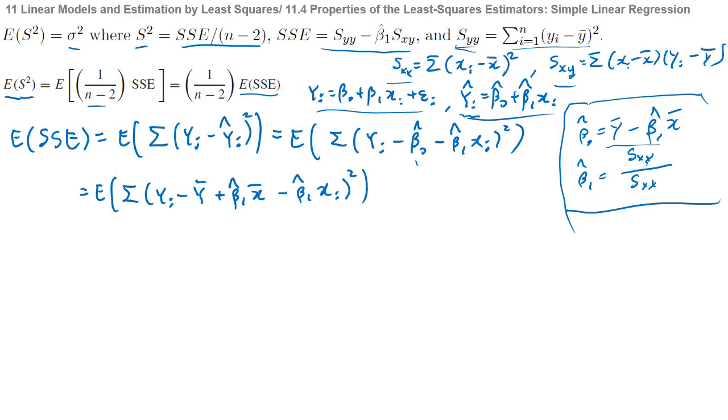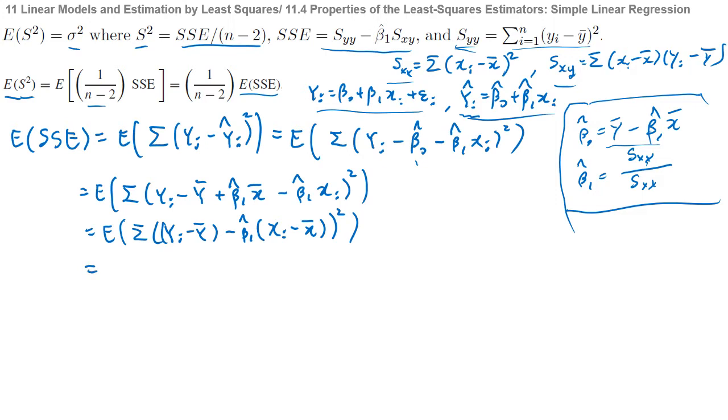We can rewrite this as the expected value of the sum of yi minus y bar minus beta 1 hat times xi minus x bar, squared.